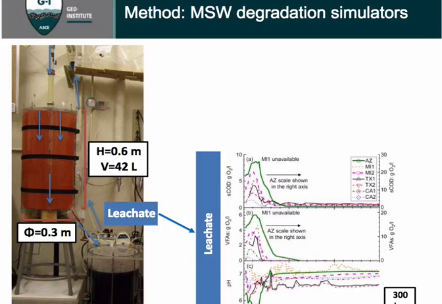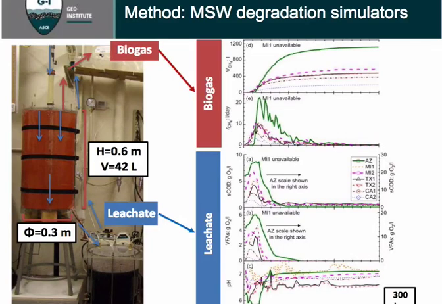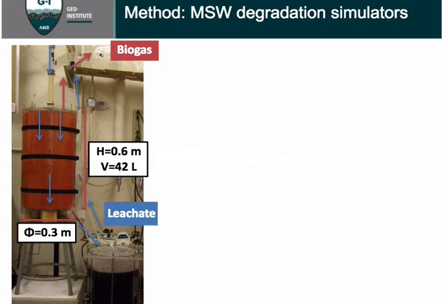But again, this is not the focus of my presentation today, so I'm just going to very briefly show some of the figures, demonstrating that we have a very close characterization of what is going on with the waste degradation process. For the biogas, similarly, we collect biogas and do measurements throughout the waste degradation period.